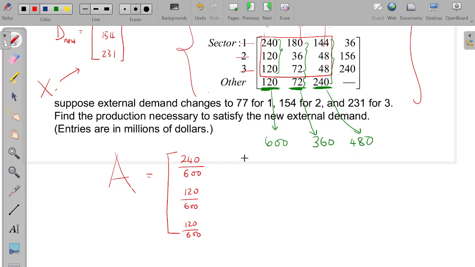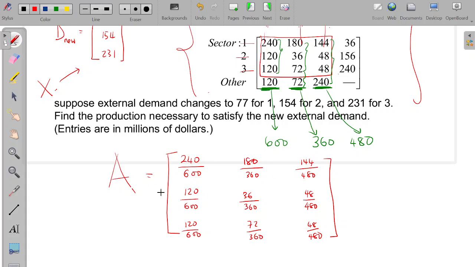Now, for this one is 180 over the total of each column, 360. 36 over the total of each column, 72 over the total of its column. And this one, 144 over the total of its column, 48 over the total of its column, and 48 over the total of its column. You see, we are only using the total of each column.